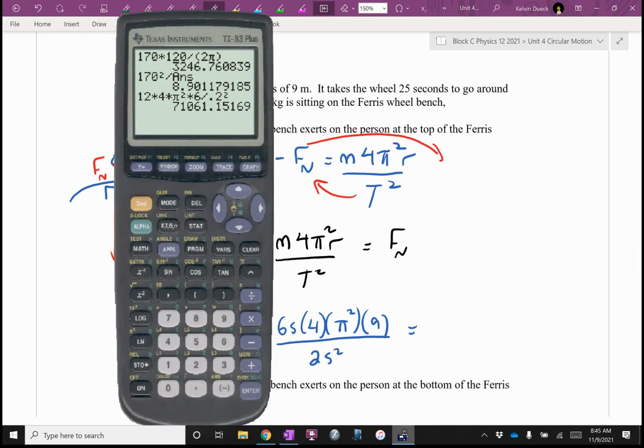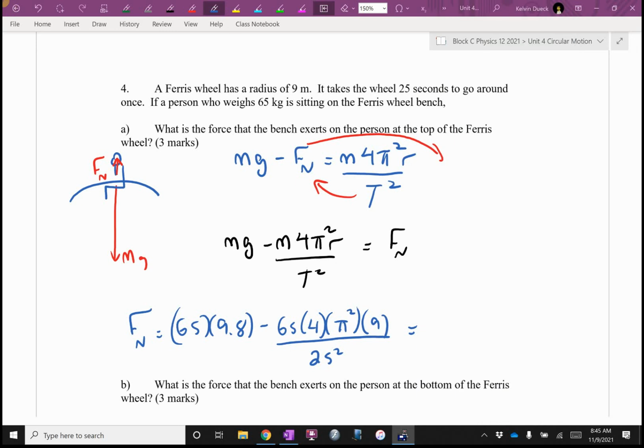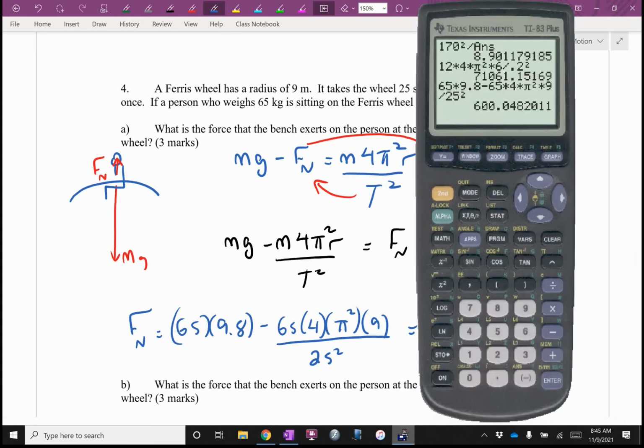I hope I get a positive answer. 65 times 9.8 minus 65 times 4 times pi squared times 9 divided by 25 squared. Is it 600? This person's normal would be 65 times 9.8. So they feel a little bit lighter.